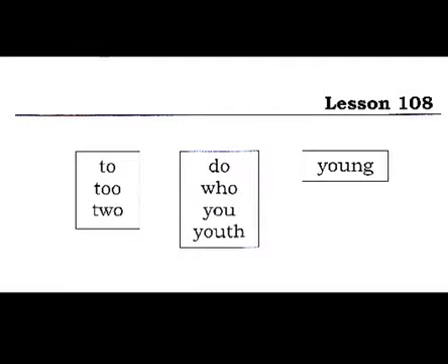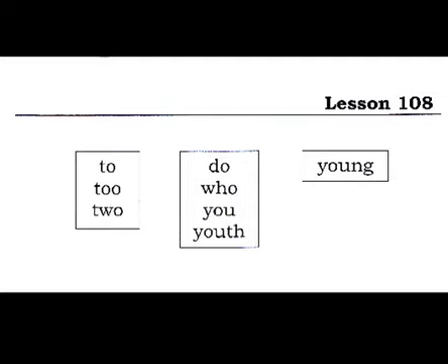Now, in Lesson 108, we really just take up a bunch of irregular words. For example, to, too, and two. They're all pronounced the same. Two, T-O, T-O-O, and T-W-O. The first one is I went to the store, T-O.